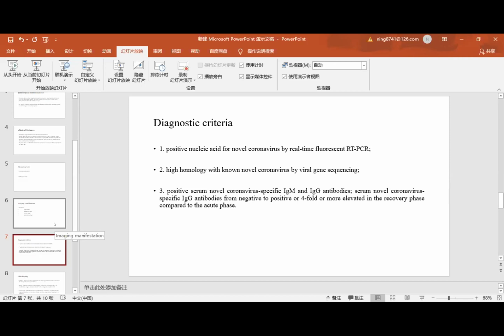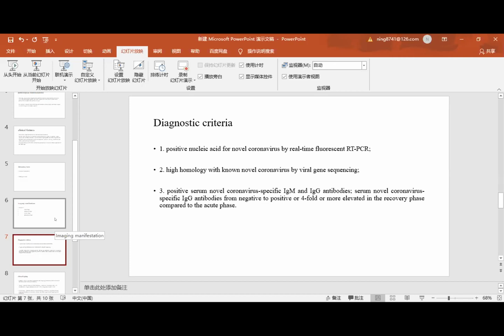Those who do not meet the criteria for suspicion and cannot be ruled out may be designated as suspected cases based on expert opinion and recommended for prompt isolation.